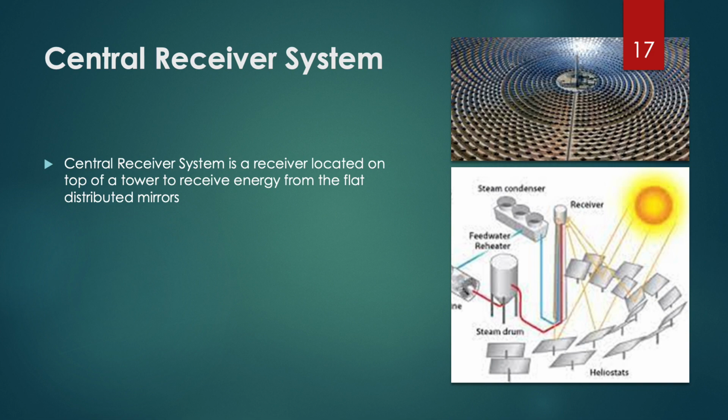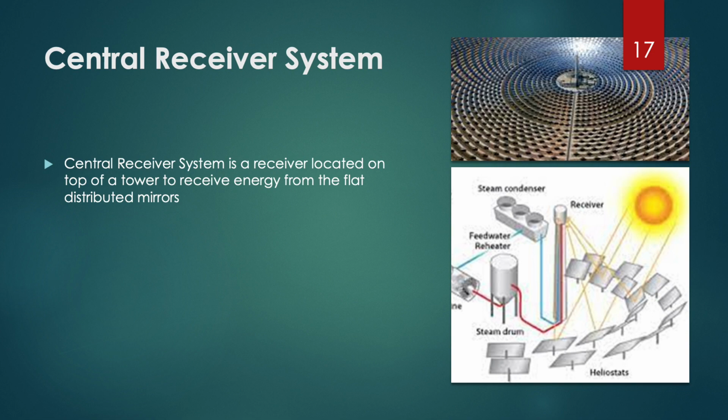Central receiver system. A central receiver system is a receiver located on top of a tower to receive energy from the flat distributed mirrors, or what are called heliostats. The mirrors are placed around the tower.